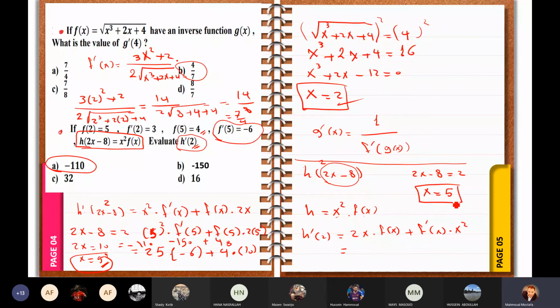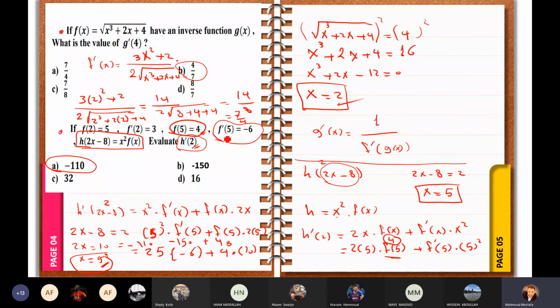Now we said x is what? 5. So 2 multiply 5 multiply by f of 5 plus f prime of 5 multiply 5 squared. F of 5 is given, equal 4, so you will substitute by 4.